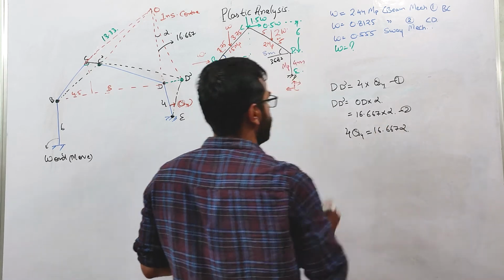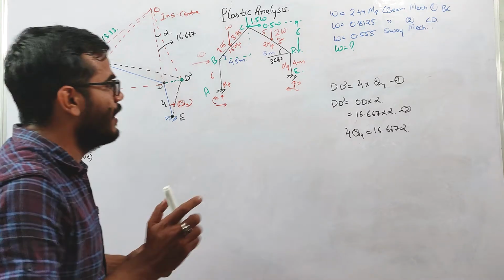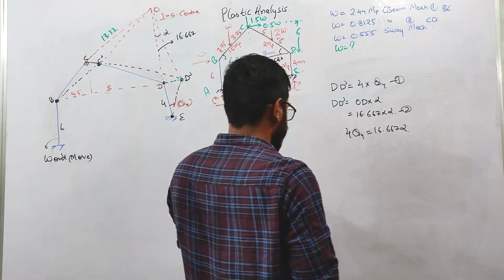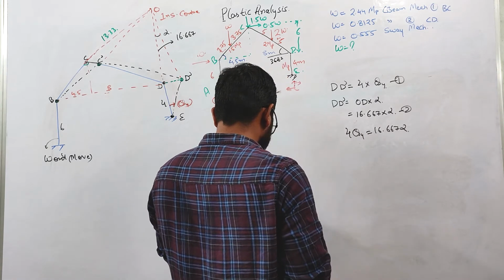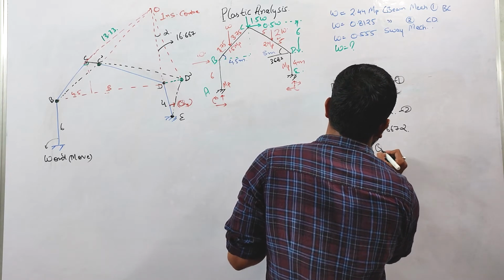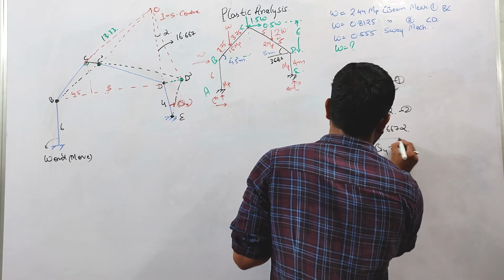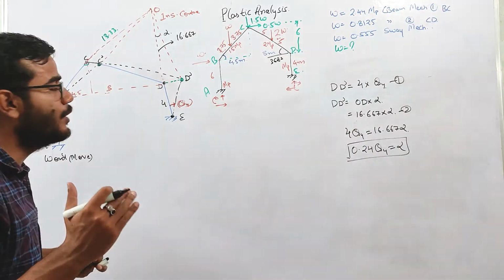16.667 alpha, right? So from here, I can calculate the value of alpha. 4 divided by 16.667 will give me the value 0.24. So 0.24 theta 4 is equal to alpha. So at the center O, we are giving the rotation of 0.24 theta.